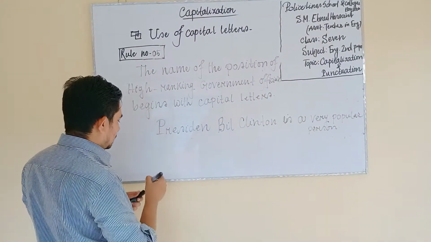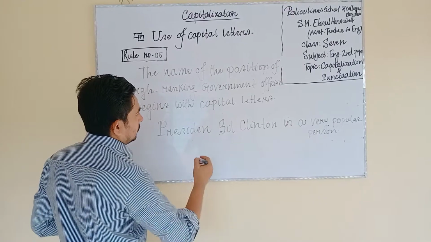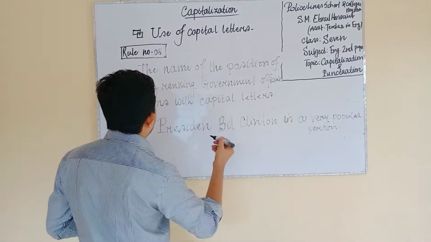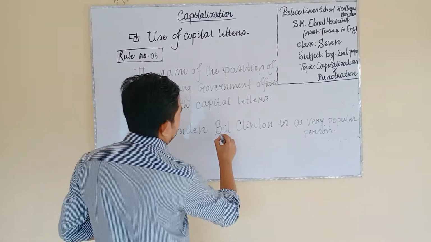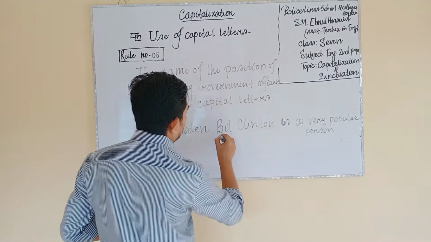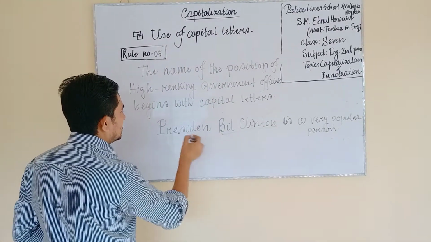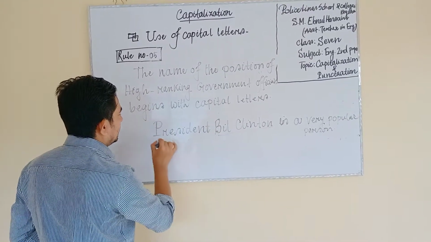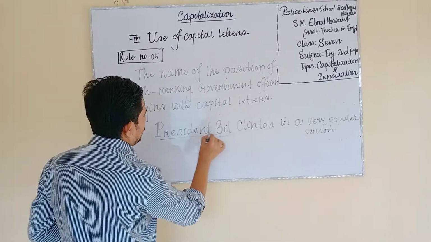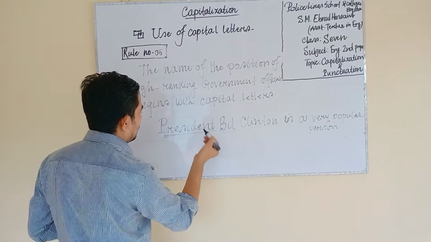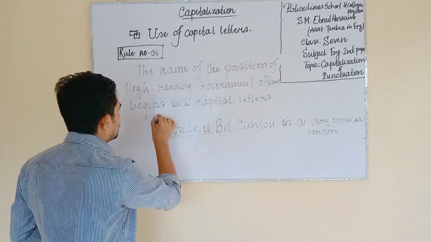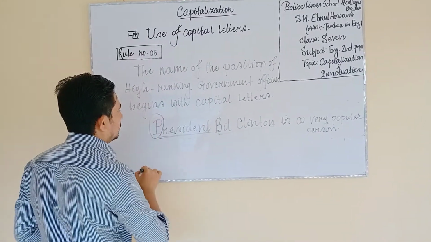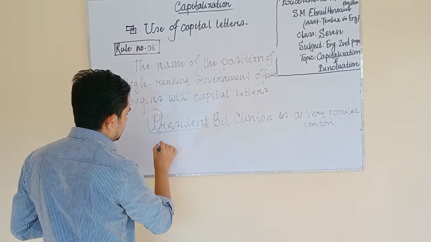So here the name of the position that Bill Clinton holds, the name of this position is President. And this name of the government position, President, begins with the capital letter P.